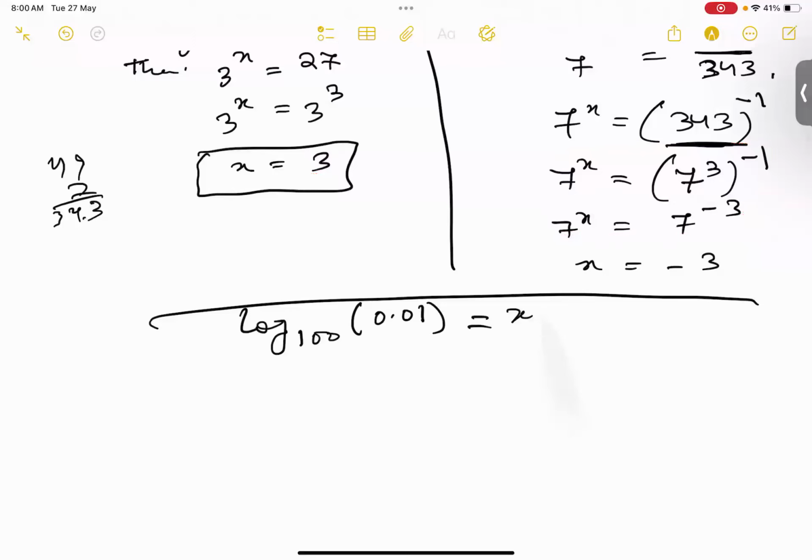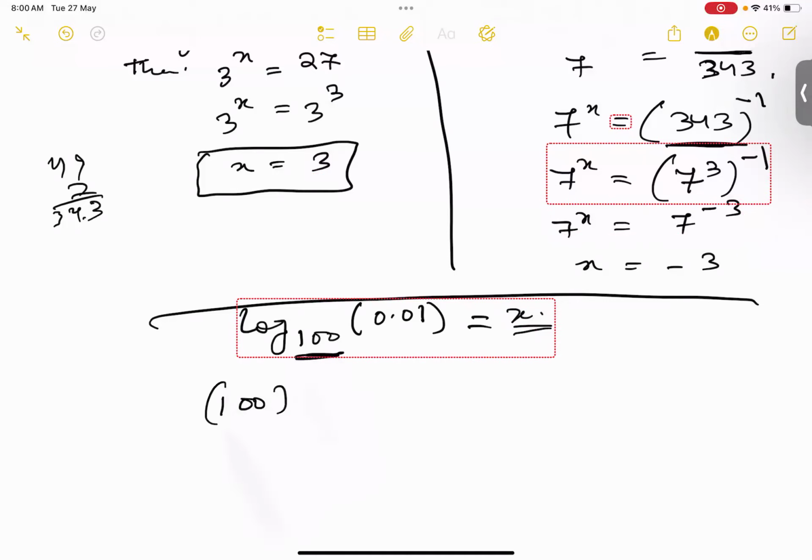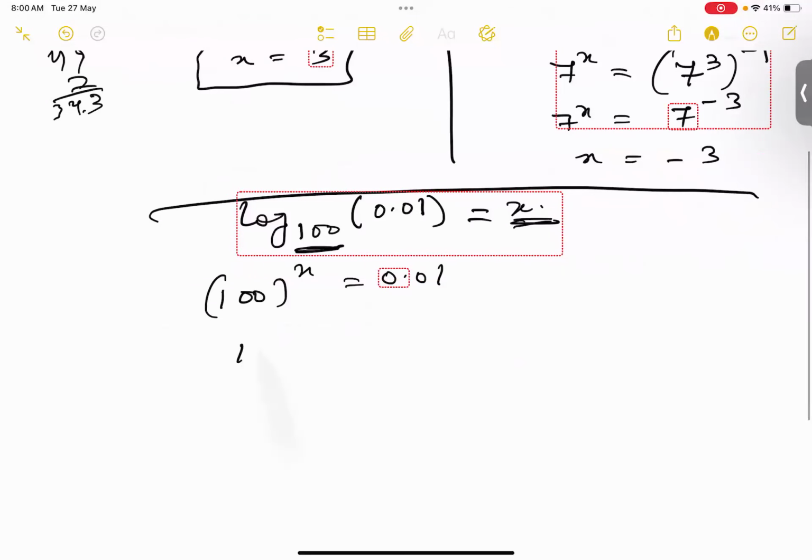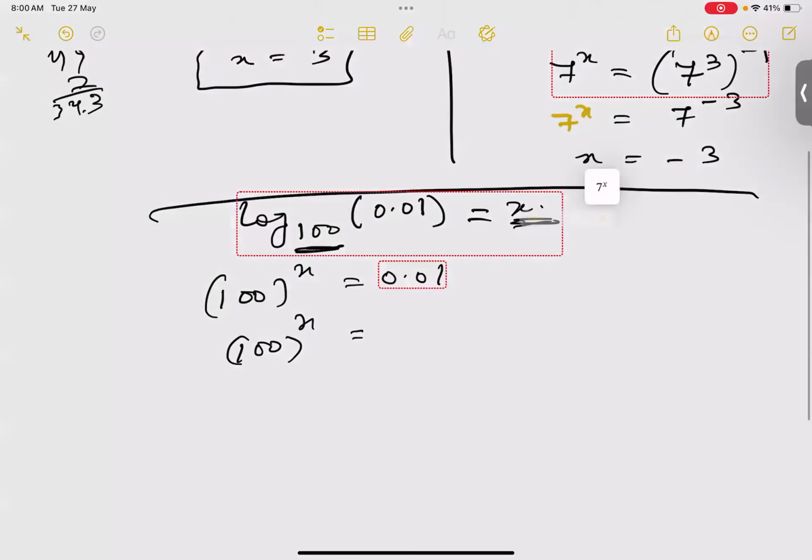We'll consider this as x, okay? So we have to find the value of x. The base is 100, and 100 to the power x must be equal to 0.01. Now 0.01 is 1 by 100, right?